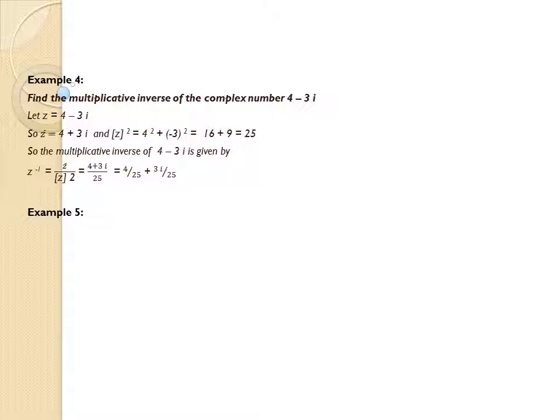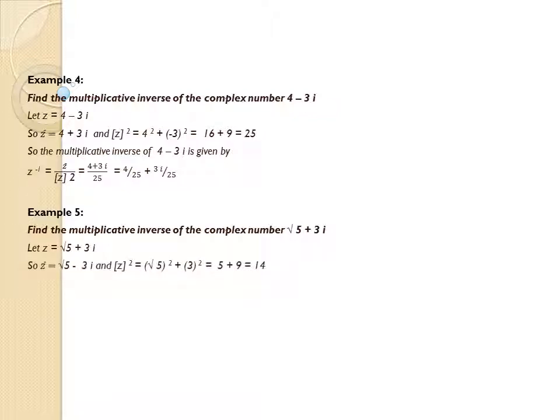Next problem is example 5. Find the multiplicative inverse of the complex number root over 5 plus 3i. Similarly we will do, let's consider z equal to root over 5 plus 3i. So the conjugate of z is root over 5 minus 3i, and modulus of z square equal to root over 5 whole square plus 3 square, that is 5 plus 9 equal to 14.